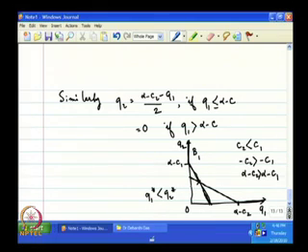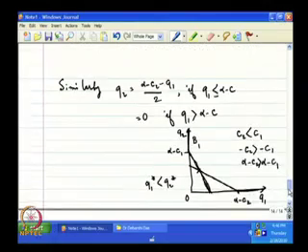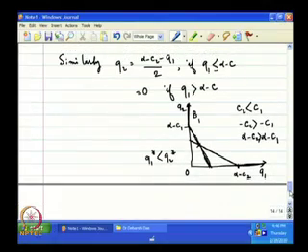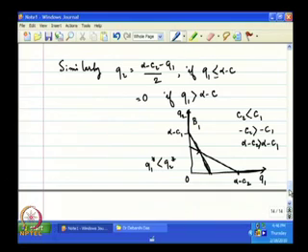So, this is one result which we can at least gauge from this diagram, but is that true mathematically? That we can verify. Why? Because we know that the equilibrium can be found out by solving these two equations.